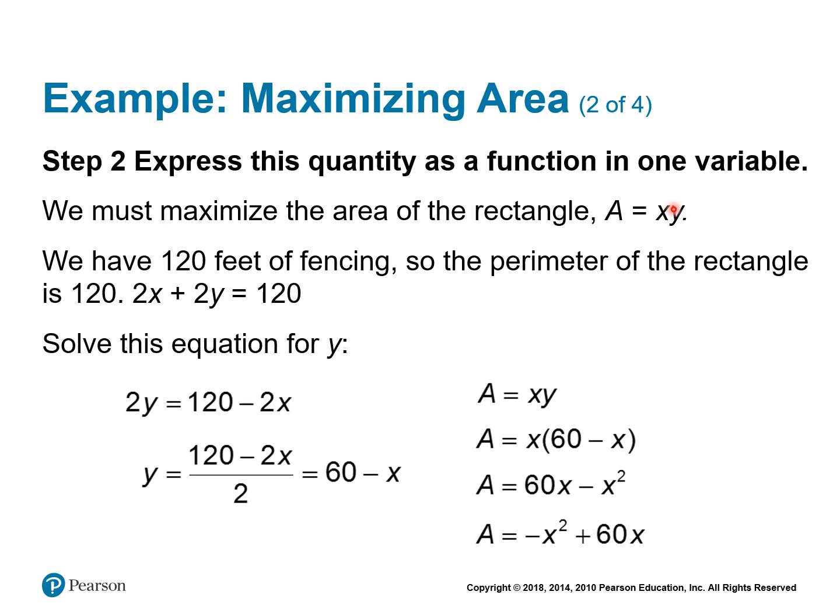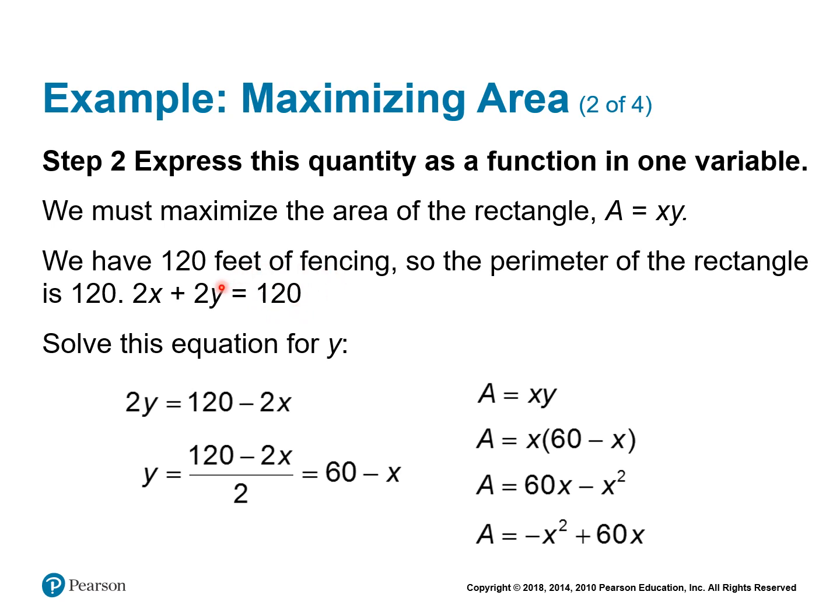We have to represent everything in terms of one variable. Same thing we did with the perimeter. It says we have 120 feet of fencing, so the perimeter of the rectangle is 120. So 2x plus 2y, which represents the perimeter, is 120.